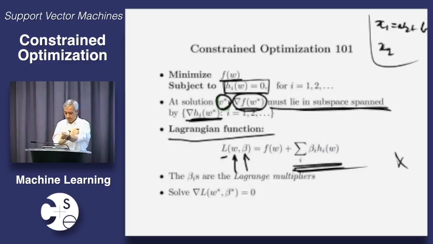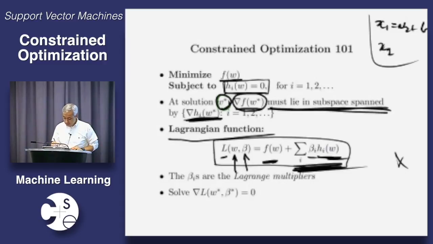The idea is that by optimizing this new function, we guarantee that we're finding the optimum of the constrained problem. So what is the new function? It's just the old function plus a linear combination of the constraint functions, because we know that the solution is in a subspace spanned by these. So we're going to have to find the minimum of this function with respect to this and this set of directions.